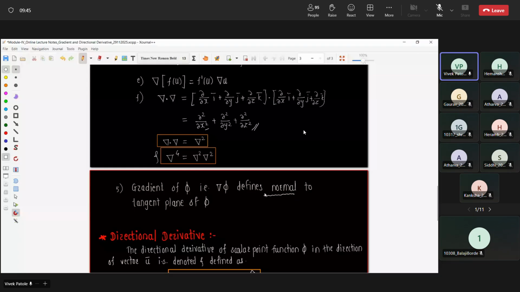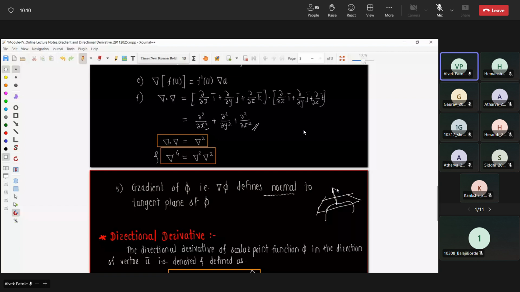Tangent plane means at that point we need to observe. In three dimensions, at a single point we cannot observe a line, therefore we obtain the tangent plane, and to this plane at this point we get the normal. That normal will be del phi.